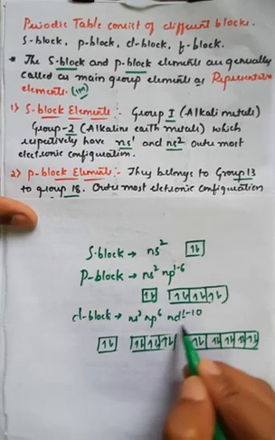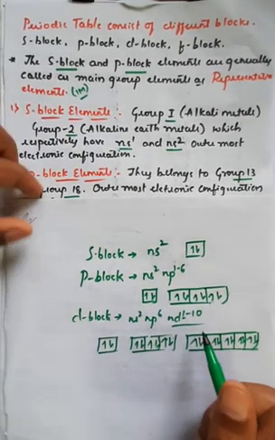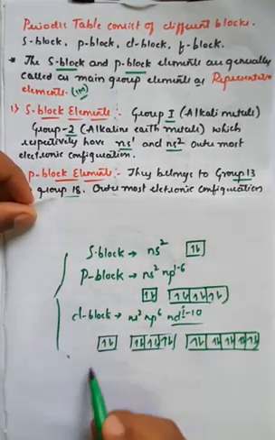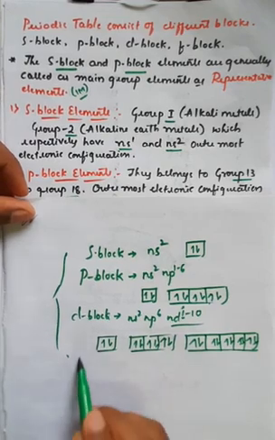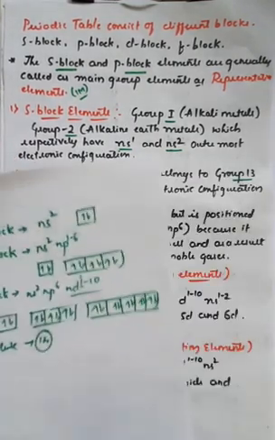So its electronic configuration becomes ns2 np6 nd1 to 10, right? So you can write the electronic configuration of all the elements present in s block, p block, d block, as well as f block, right? Like this, f can hold maximum 14 electrons. That we'll see further.